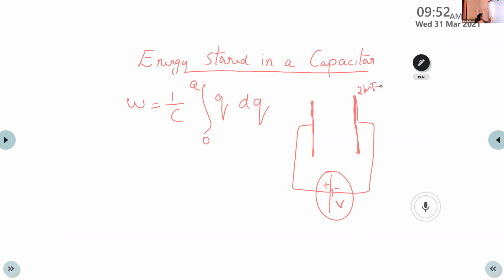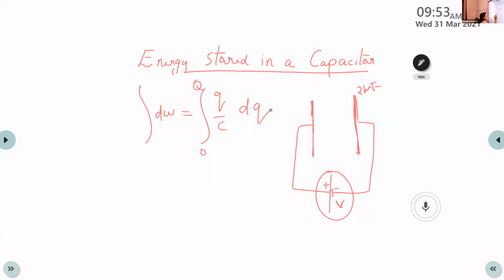And students, in integration, we have a solution for this function. Ma'am, I didn't understand the 1 by C Q dQ term. Here we are starting from integral dW is equal to integral 0 to Q, Q by C dQ. Here, integral dW is the integration of the small work done.